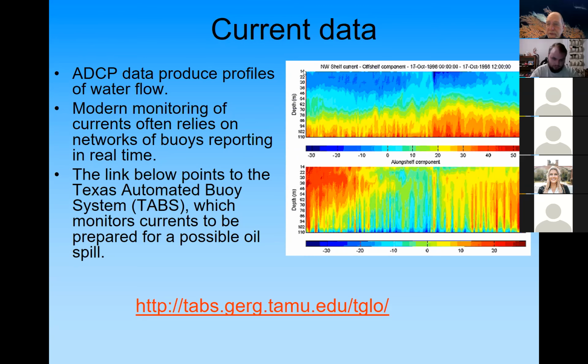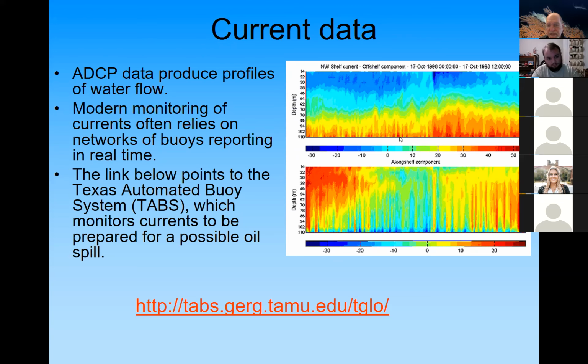Typically this would either be sitting on the bottom looking up or hanging from a buoy looking down. In either case, you get this profile, and you can see from this diagram that there was a relatively strong flow in the positive direction during this period of time, and relatively weak flow in the cross shelf component.